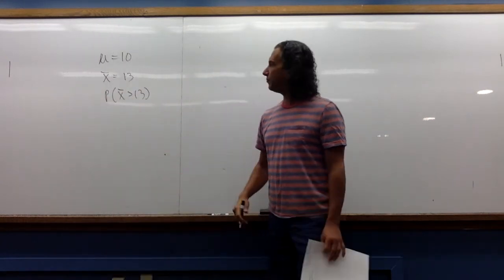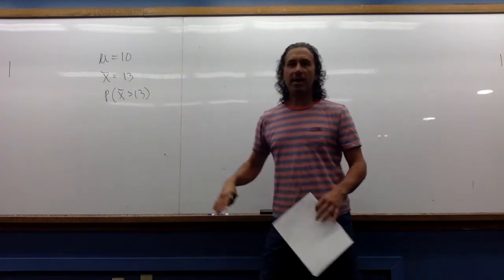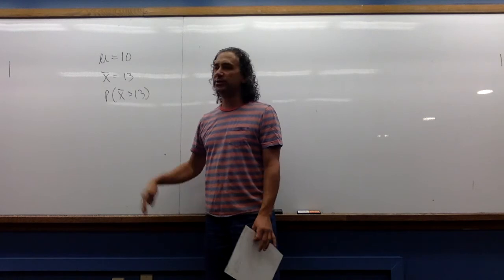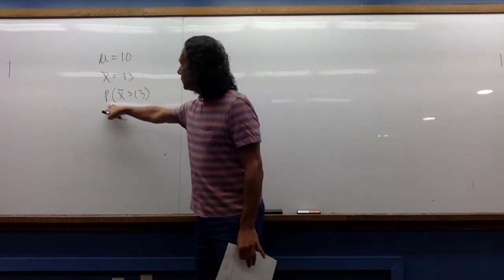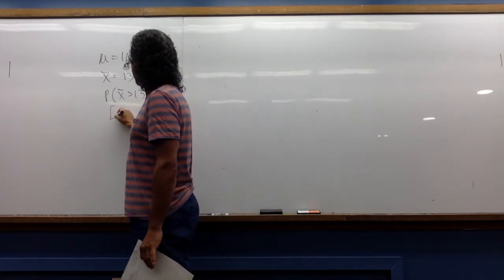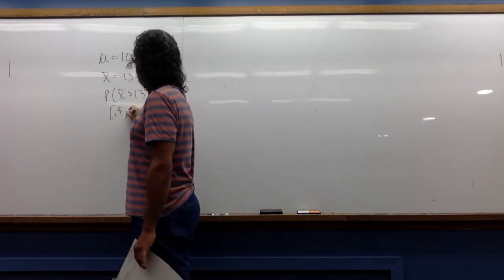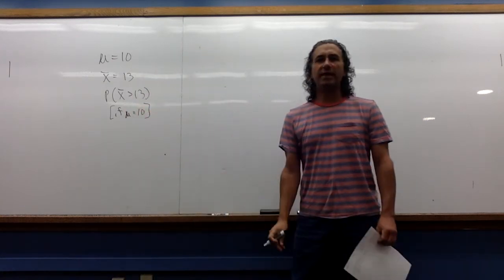Again, I'm writing greater than, I just said, or larger. Doesn't matter because this is a continuous distribution. You could write greater than or equal to. So you're going to ask, what's the probability of this happening, if mu really is 10? You're going to compute that value.